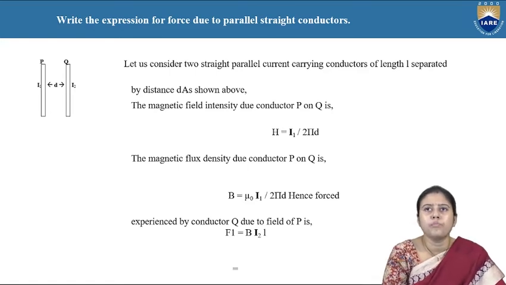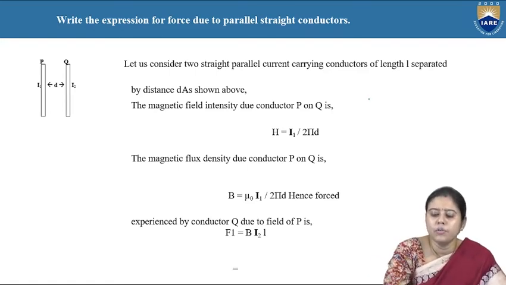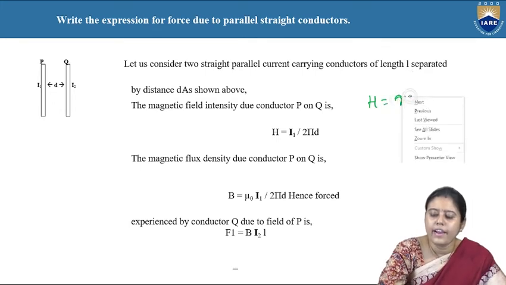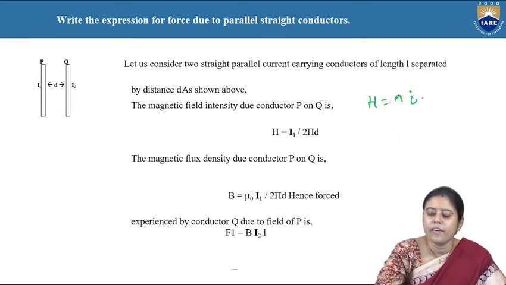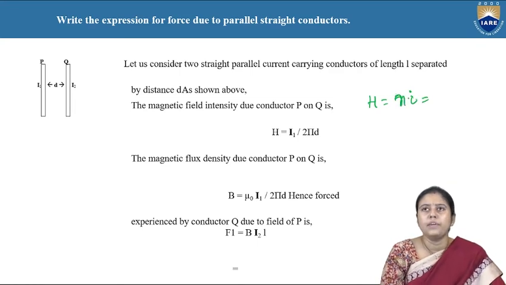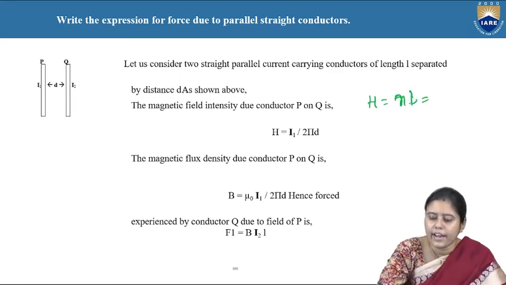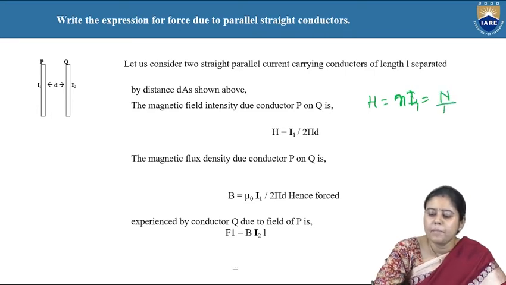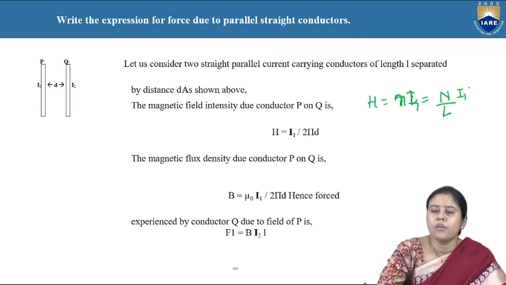Or we can also prove this: we know H is equal to number of turns per meter into current, or N by L into I1. What is N?